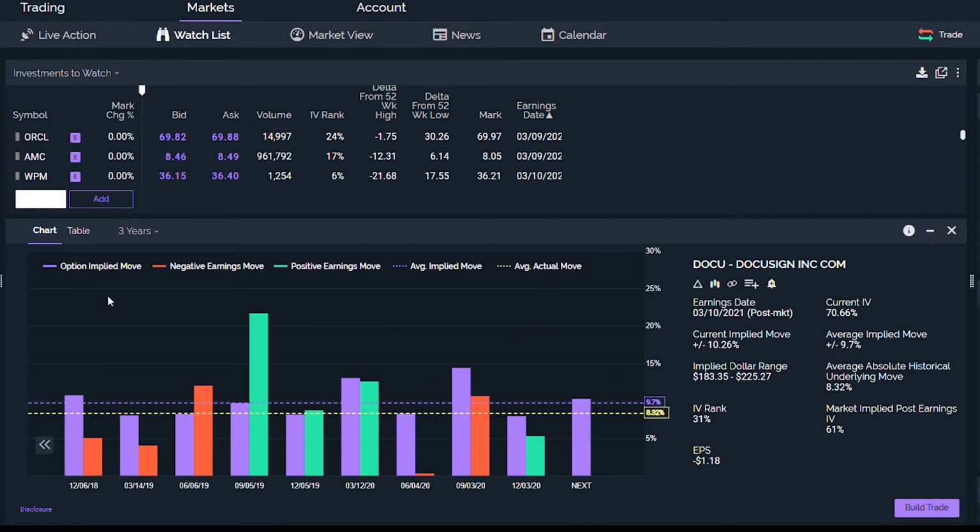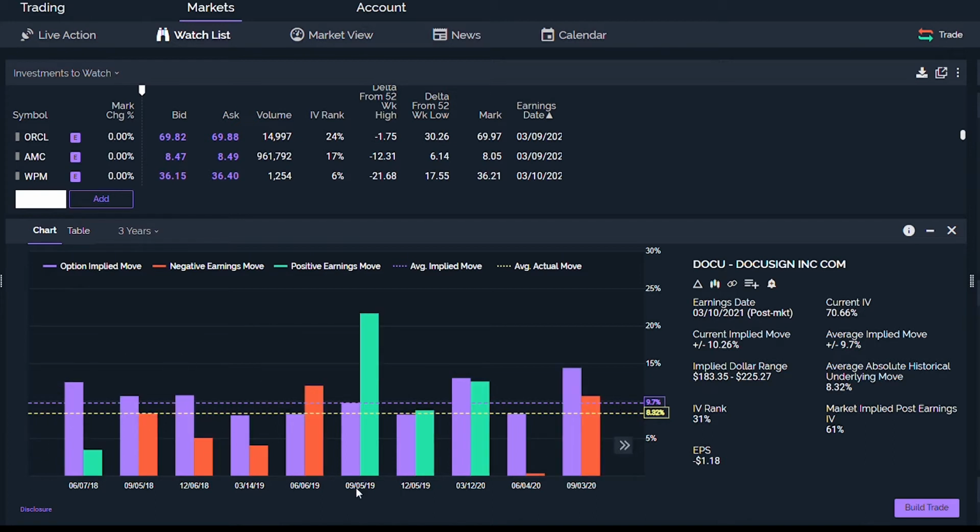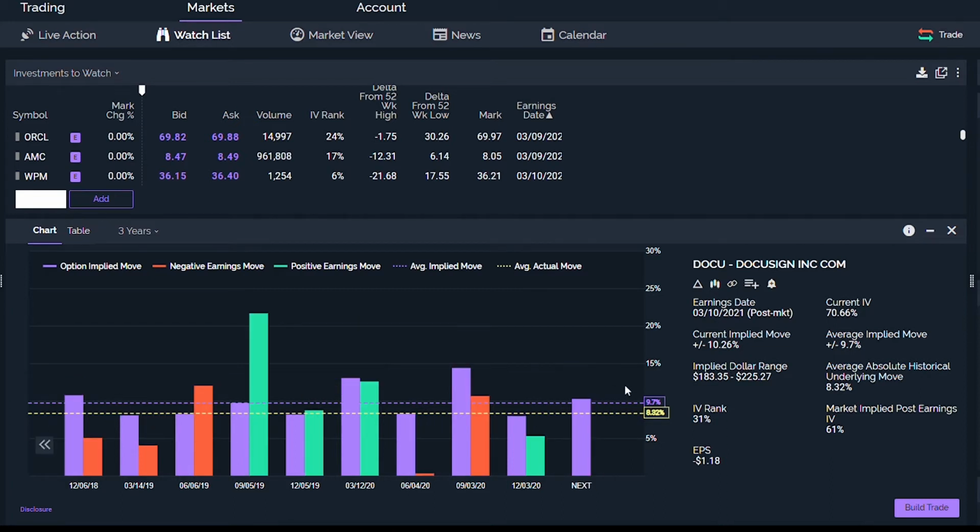Our blue dotted line is our average implied move for however long this chart goes, looks like it goes back a couple of years to 2018. So the average implied move, what people think it will do, is 9.7%.